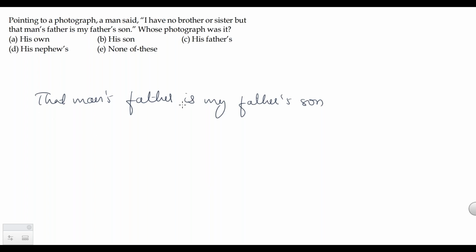That man in the photograph, his father is my father's son. My, meaning the person who is telling, the person who is talking about the relation. My father's son, let's say I am telling my father's son. Who is my father's son?